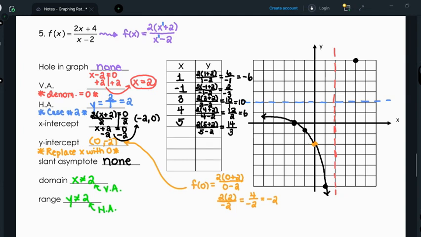You could also change it to a mixed fraction to see it as 4 and 2/3. So at the x value of 5, I have 4 and 2/3, or 4.666 repeating, and that's going to be about estimated there. We go ahead and connect the points we do have and make sure it's getting so close but not passing our horizontal and vertical asymptotes.